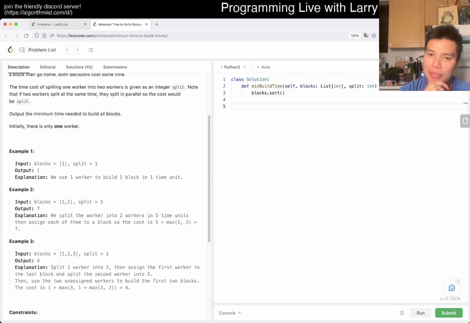My initial hypothesis, and I don't think this is right anymore now that I read the problem slightly more correctly, is that you always want to do all the splitting at the same time.